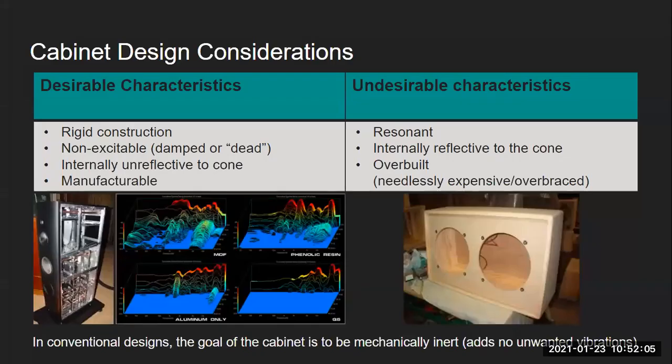So when you're trying to design the cabinet to put the driver into, what the cabinet's doing, by the way, is its main function is really to provide some sort of baffle, some sort of separation between the front wave and back wave of the speaker. So if you've got a driver, you've got sound waves coming off the front and back of the cone.